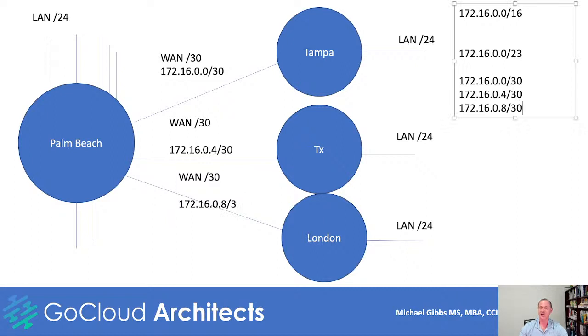Now let's say I'm going to take a big jump because I want to be able to aggregate my things. For example, let's say we decide to start at 172.16.0.0 or 0.16.